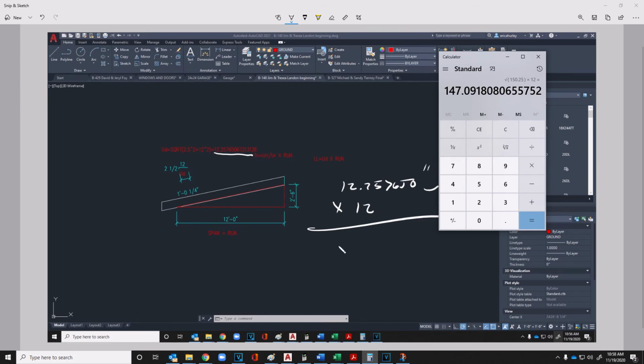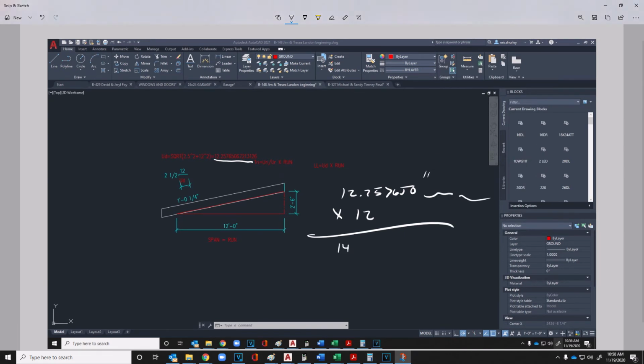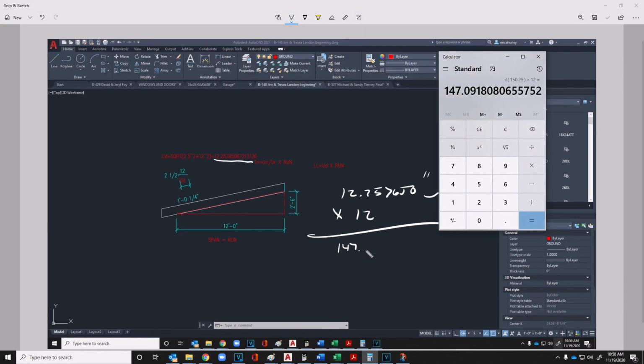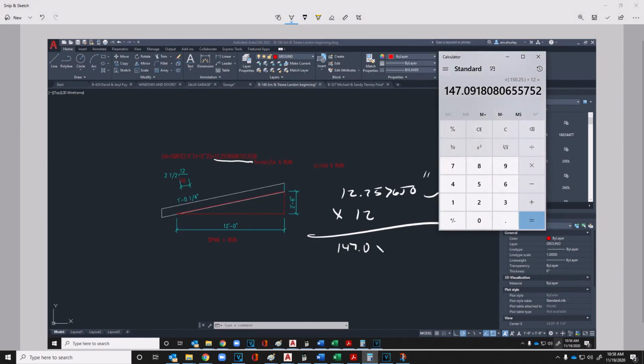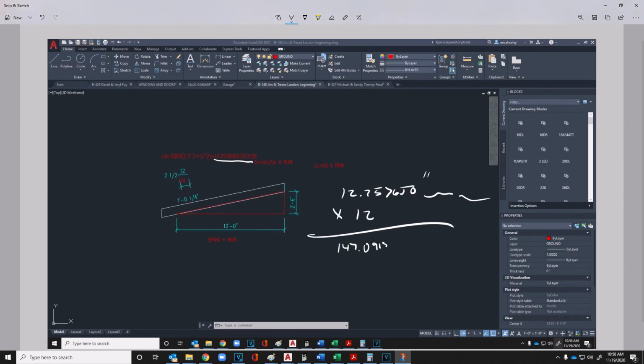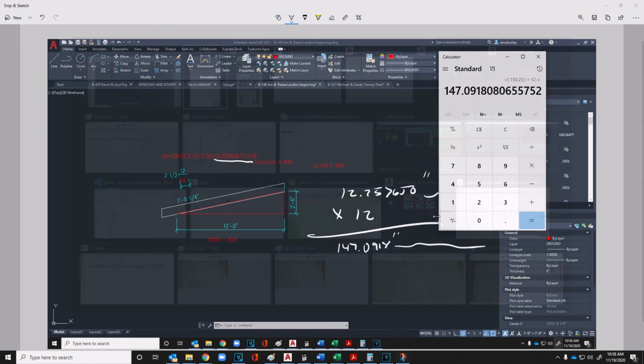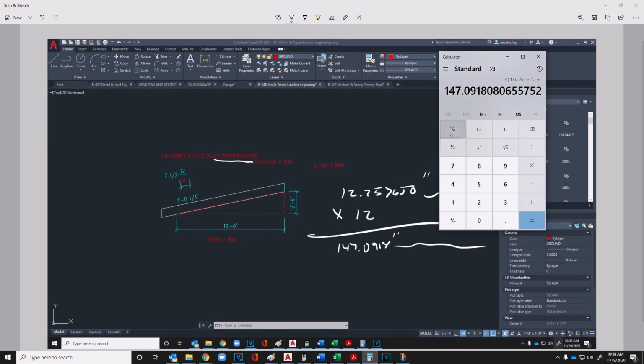147.00918. All right, so now we need to convert this over to feet and inches. It's in inches now. All right, so I'm going to, am I going to save this? I might as well save it.